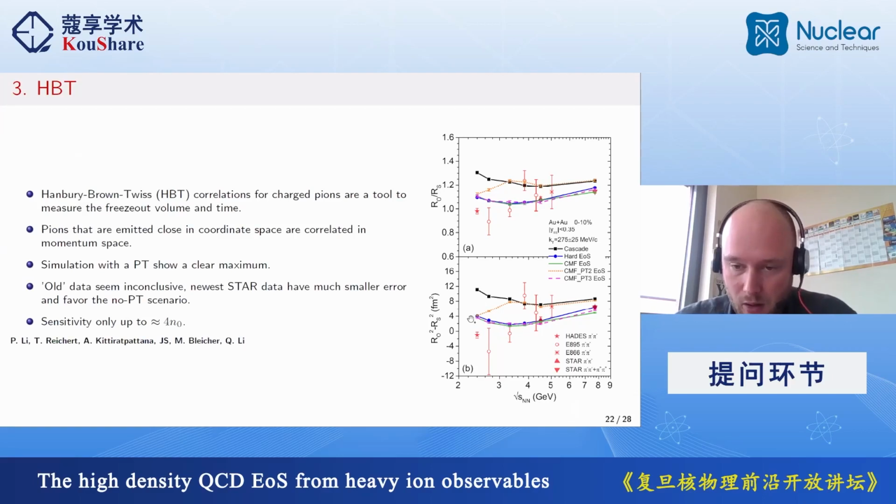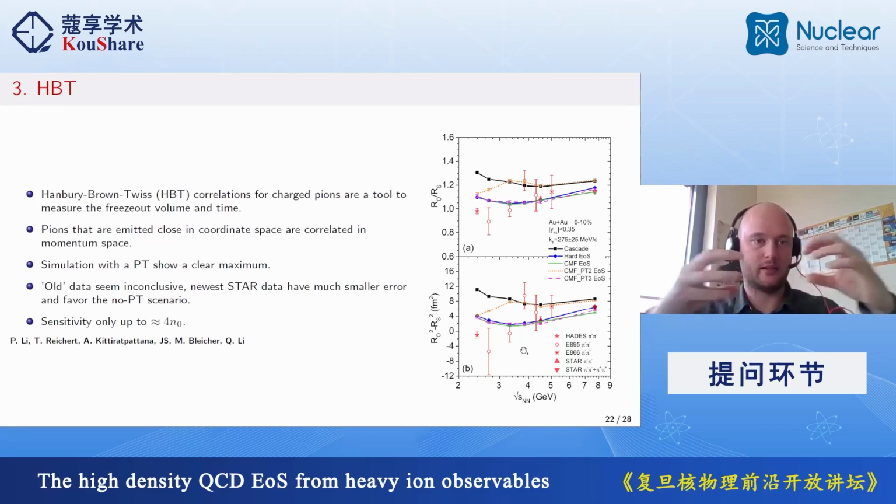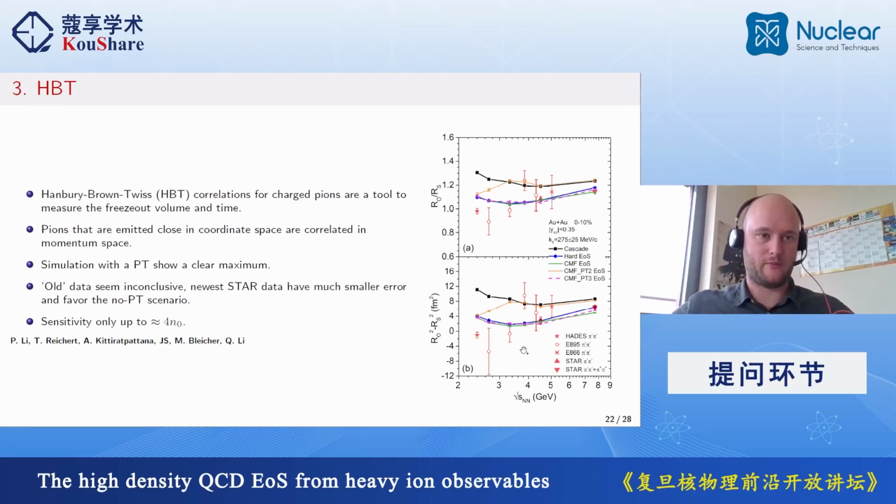However, I think what you also have is that at this energy slowly there is a transition from the stopping regime to the transparency regime, and then you change the geometry of the system, right? At low energies, it's very spherically symmetric, but at high energies, you get this cylindrical shape, and at very high energies, you have boost invariance. And this transition also should change how much matter is actually stopped at mid rapidity.